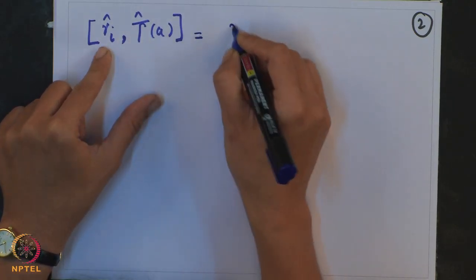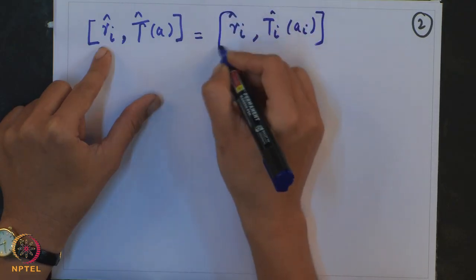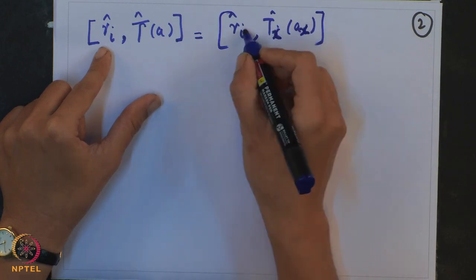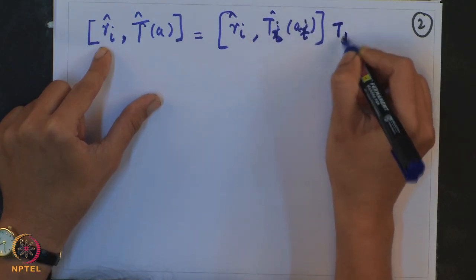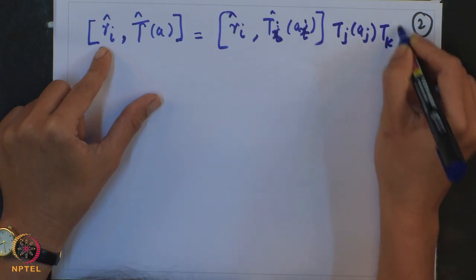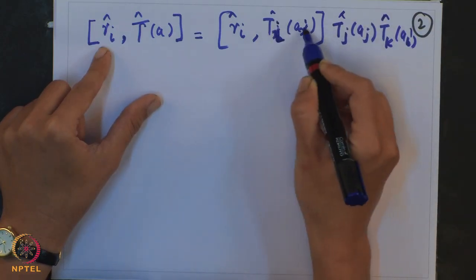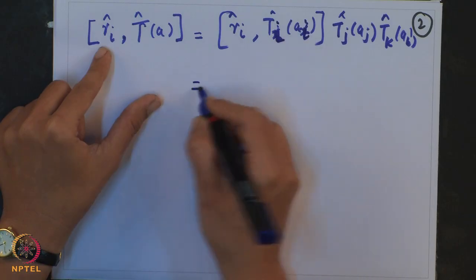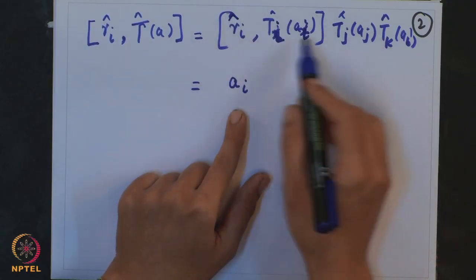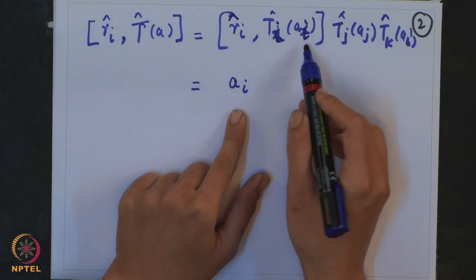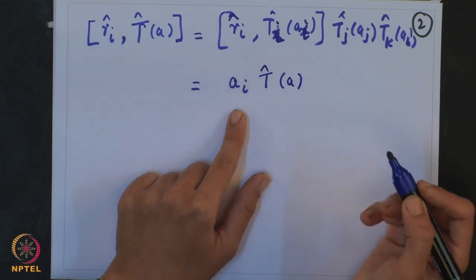So, I will have [R_i, T_i(A_i)] times T_j(A_j) T_k(A_k). Remember, these are operators and we need to denote them by a cap. So, [R_i, T_i(A_i)] is nothing but A_i T_i(A_i), and with T_j(A_j) and T_k(A_k), this gives back this term.